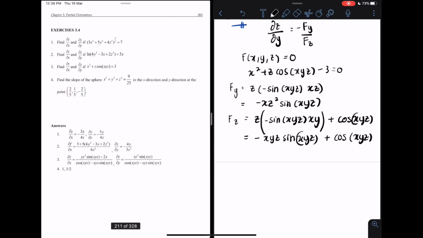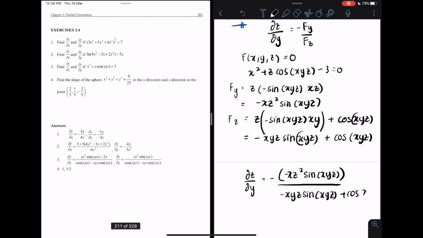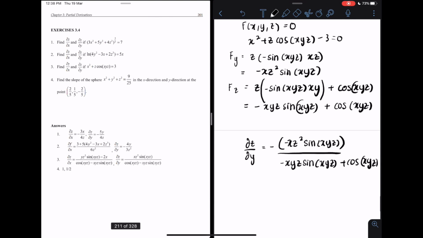Then I simply substitute into the formula del z del y equal to negative in bracket negative xz squared sine xyz divided by negative xyz sine xyz plus cosine xyz. Okay, xz squared sine xyz.